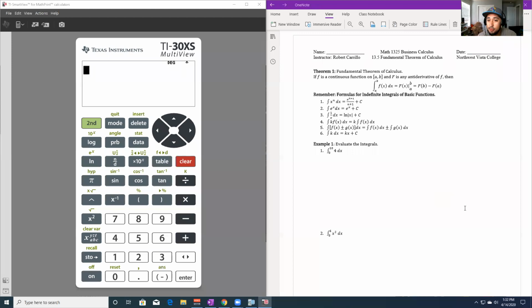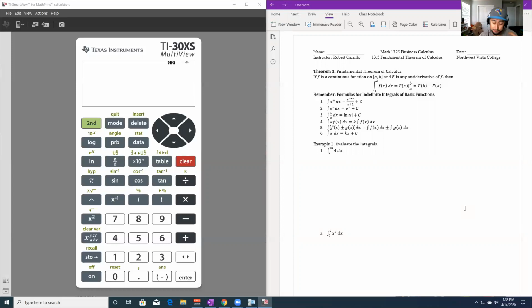For theorem 1, if f is a continuous function on a closed interval [a, b], and capital F is any antiderivative of f, then the integral from a to b of f of x dx will equal the antiderivative evaluated from a to b, which is written as F of b minus F of a.